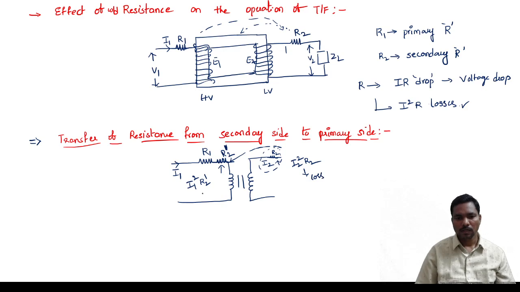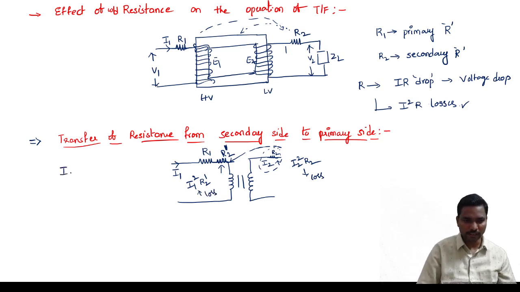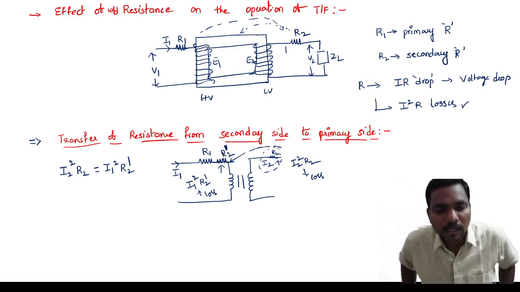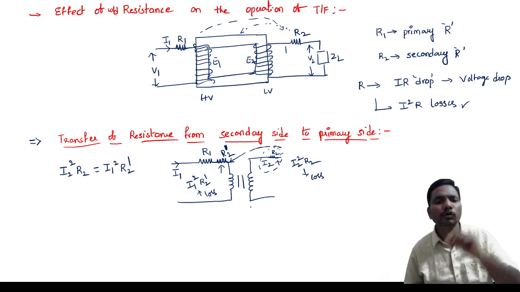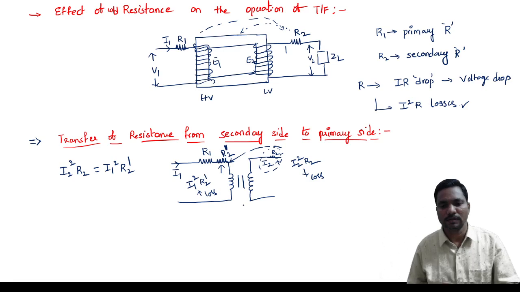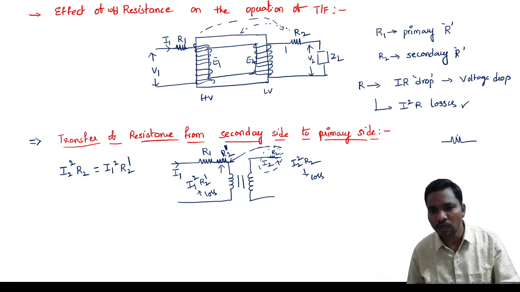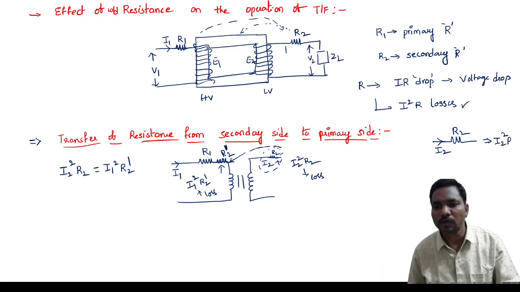If the I1 current is flowing, I1 square R2 dash is the loss. If the I2 current is flowing, I2 square R2 is the loss. So losses are the same on both sides, and you get I2 square R2 is equal to I1 square R2 dash. All of you clear or not? A very simple case. For example, here it is R2 with I2, and the loss is I2 square R2.